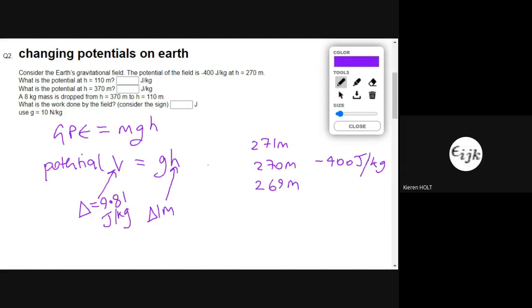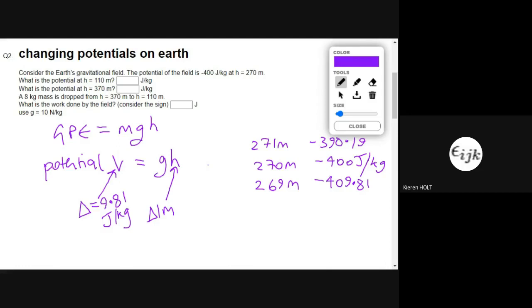Yeah, it's going to become more negative, isn't it? This is going to be minus 409.81. And if we go up 1 meter, it's going to be minus 390.19.